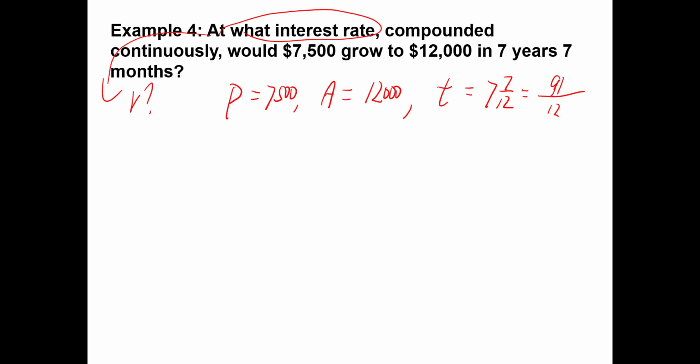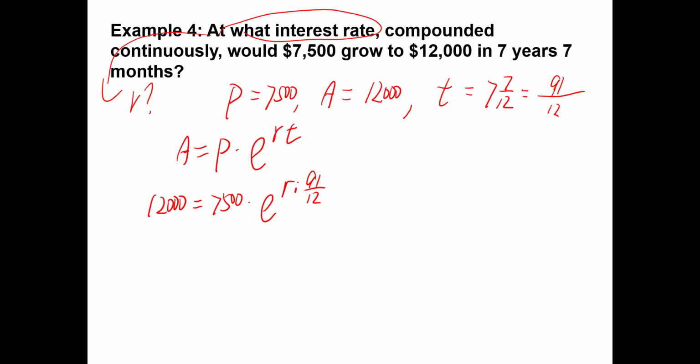Then let's apply the formula: ending balance equals principal times e to the rt. A is $12,000 and P is 7,500, times e to the R times 91 over 12. The first step is dividing 7,500 on both sides of the equation.